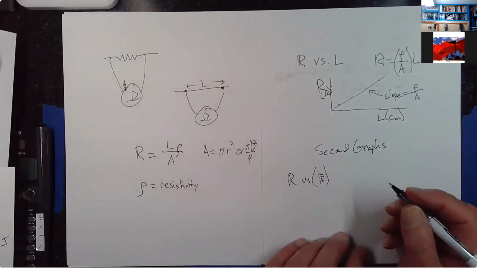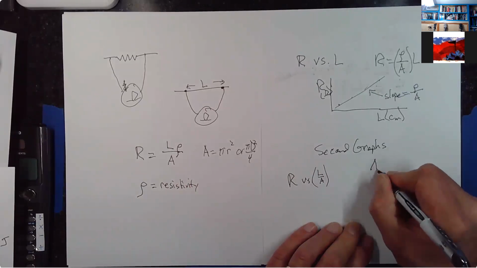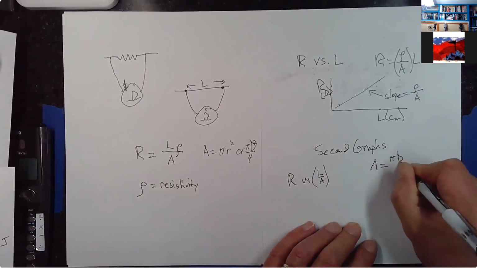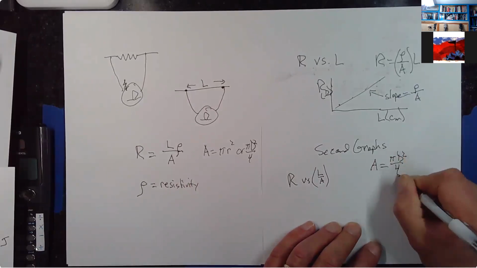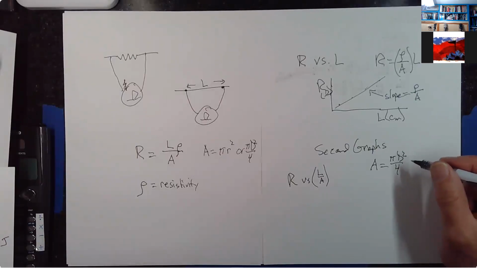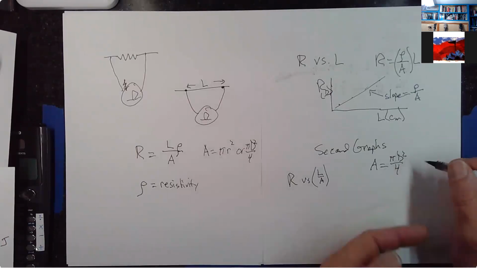One of the hardest things people have with this lab is calculating the cross-sectional area, which is going to be pi times the diameter squared over 4. And diameters are what are tabulated for wire gauges, not the radii. So just do it that way.